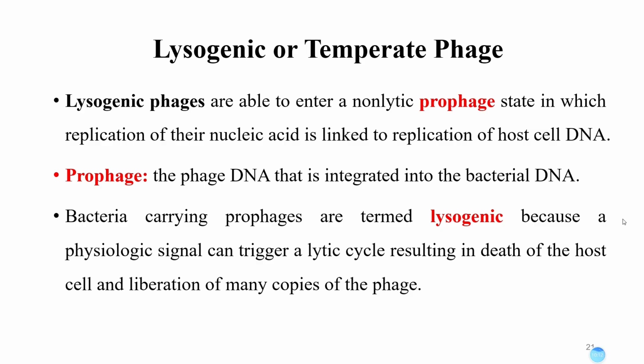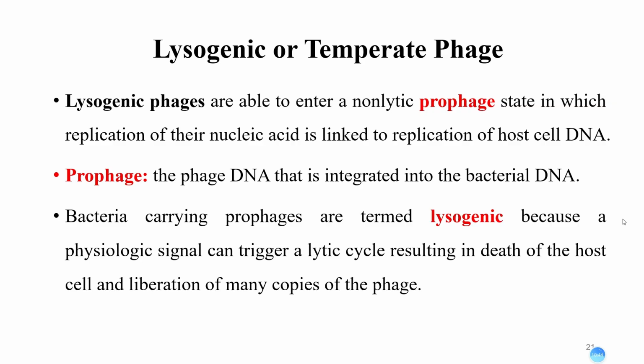Okay, the second type of phage is the lysogenic phage, or temperate phage. We call it temperate because once they infect the host cell, they do not lyse the host cell immediately. They are able to enter a non-lytic prophage state, which means that they integrate their genome DNA into the host chromosome and replicate with the host chromosome.